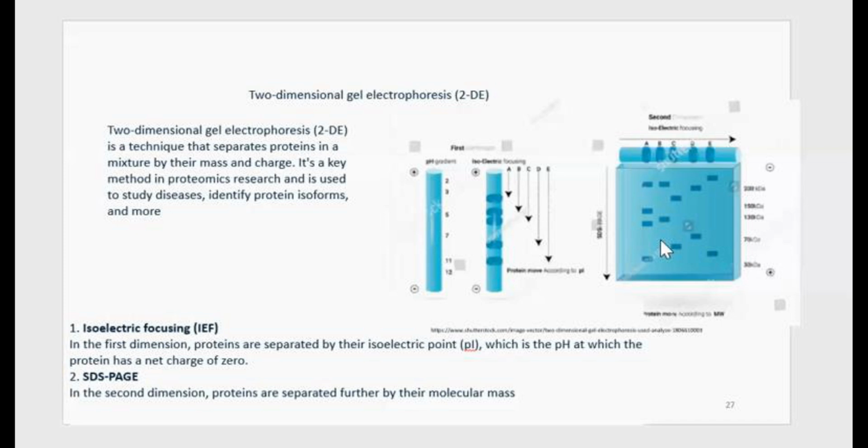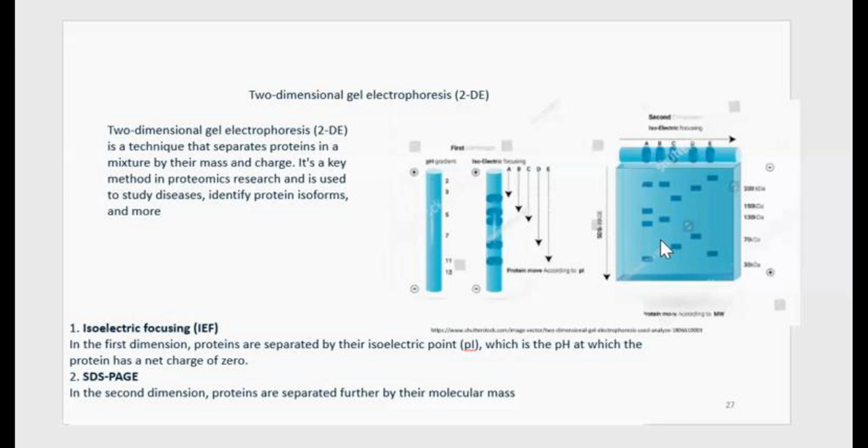Now, it is generally observed that samples always move towards their isoelectric points, so it is not critical where on the gel they are applied. Whether you apply it at the starting point, in the center, or on the left side, it is not very critical, because they are always going to move to the point where the pH matches their isoelectric point.